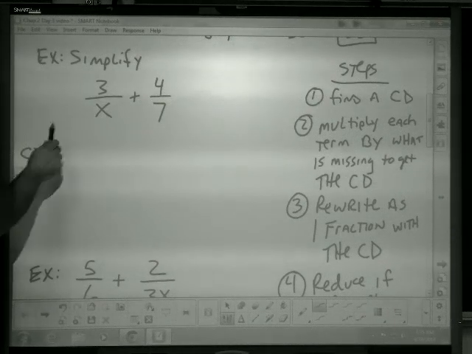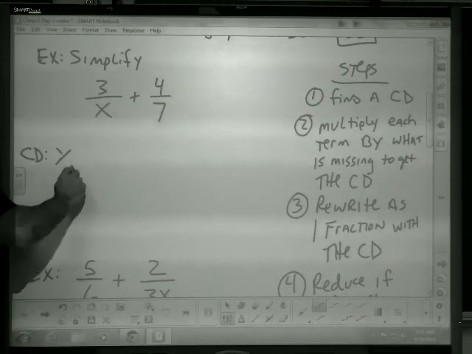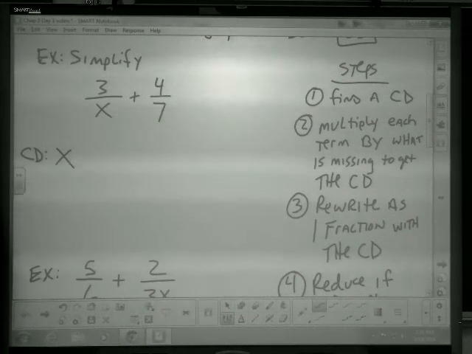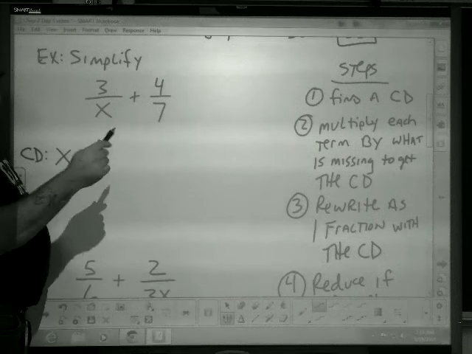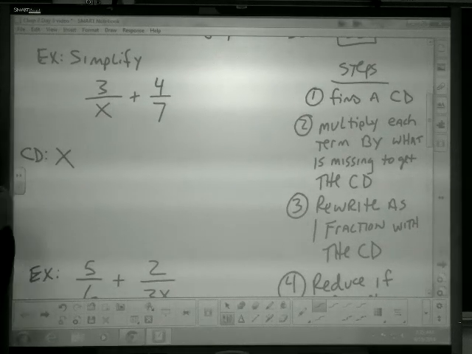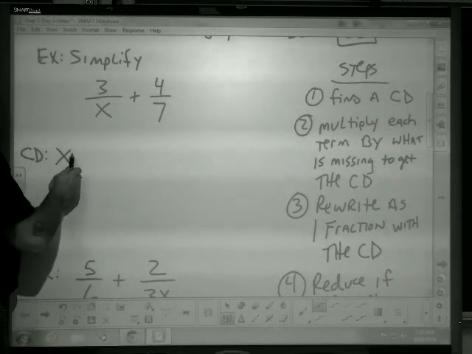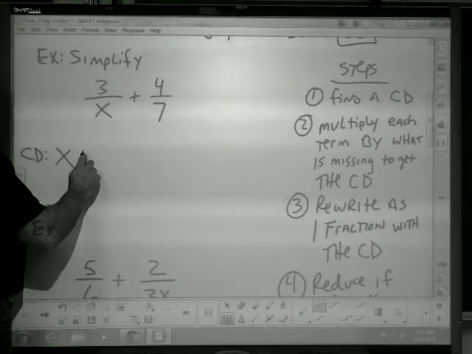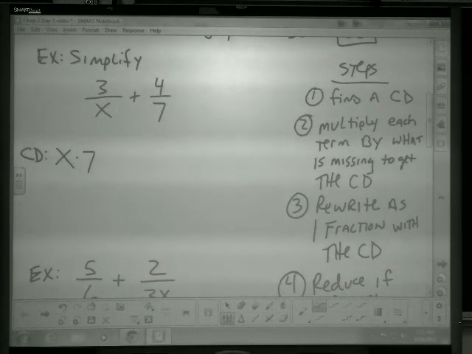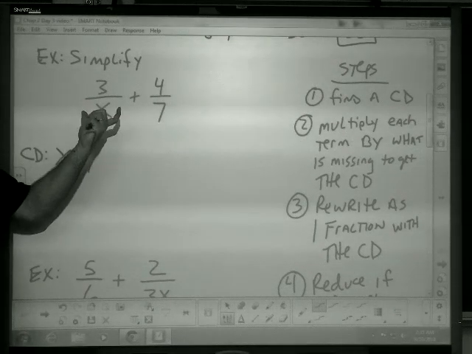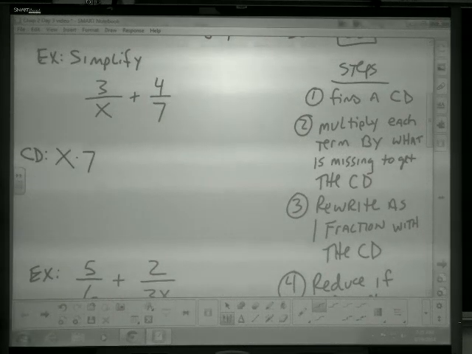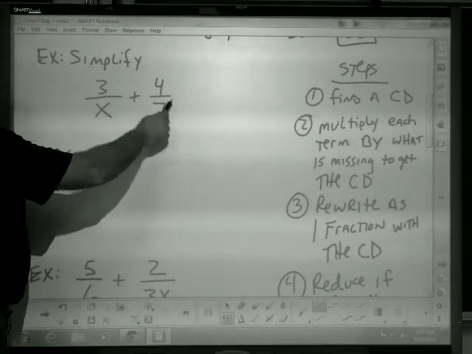Okay? And so if there's a letter, I have to have the letter in my common denominator. All right? If it is a letter to a power, I have to have the largest power that I see in my common denominator. All right? So I have an x. I have to have a 7 represented in my common denominator. Okay? If this was a binomial, 2 terms, I would need both of those terms together in my common denominator. You did this in Algebra 1.